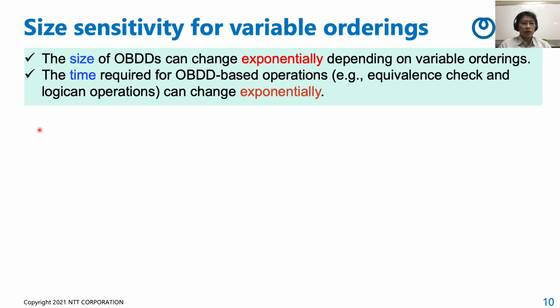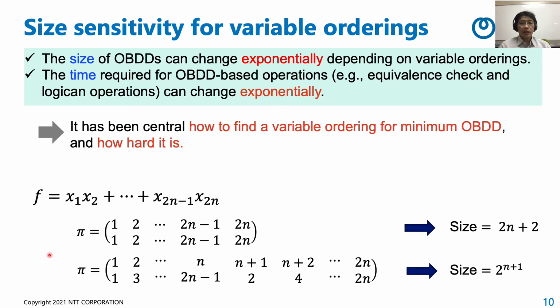The answer is as follows. The size of OBDDs can change exponentially depending on variable orderings. So the time required for OBDD-based operations, such as equivalence check and logical operations, can change exponentially. So it has been central how to find a variable ordering for a minimum OBDD and how hard it is.